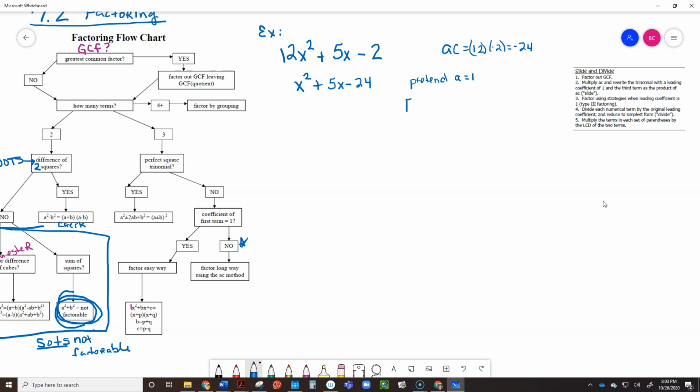And so if A is equal to 1, then we're going to find factors of -24, and we're going to find a sum of 5. Okay, so factors of -24. So 12 times -2. That's a way to get -24, but 12 plus -2 gives me 10. That's not what I need.